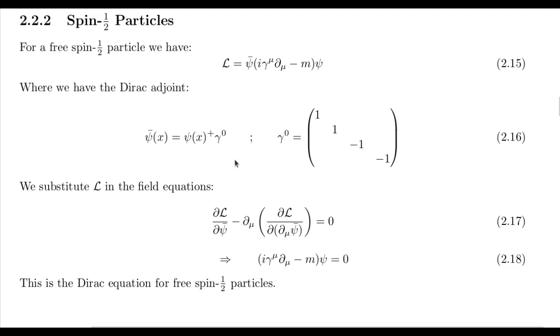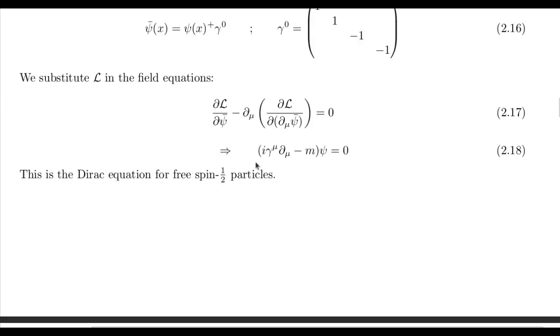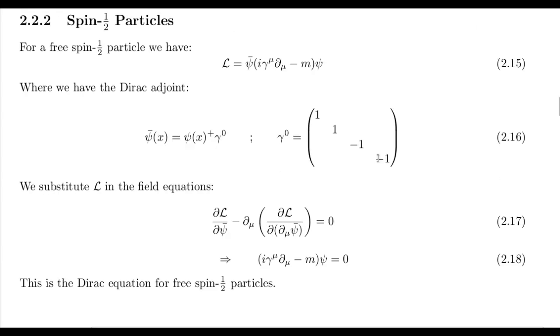And here we substitute again in the field equations. Here are the field equations again. And if we differentiate with respect to psi bar, then we would cancel out this psi bar, and the rest remains in the formula here.